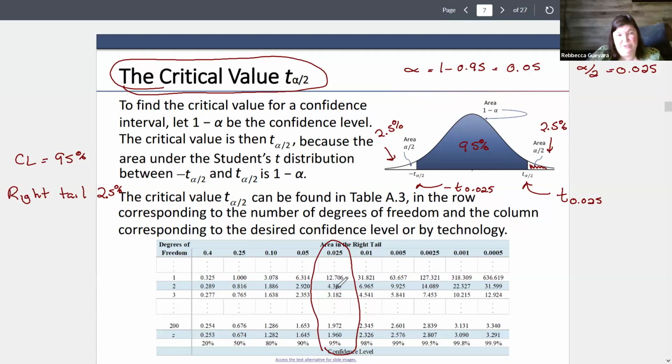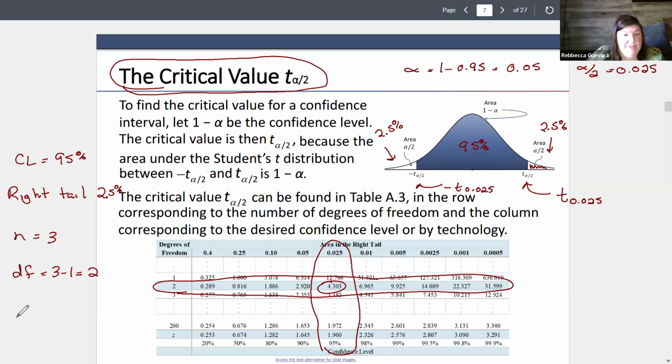Your t-table is going to need that area in the right tail, and it's going to need degrees of freedom. So let's say my sample size was 3. That means my degrees of freedom would be 2. So I'd look for 2 degrees of freedom, and this here would be my t-score. If you remember, the z-score was 1.96.